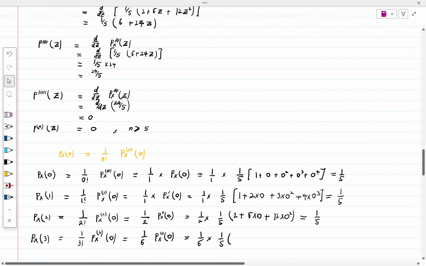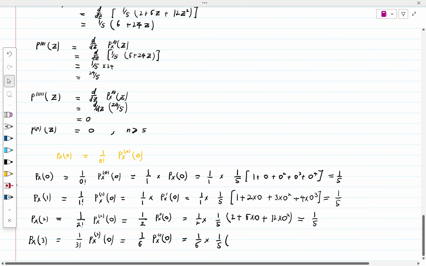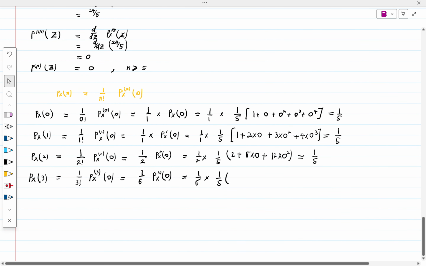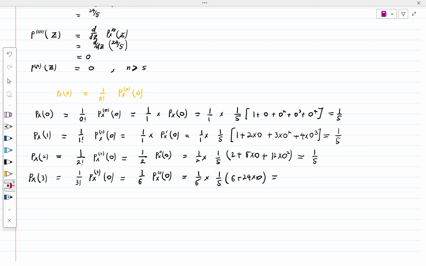Again, we want to come up with our expression. Where was it? Here. Here is the triple derivative up the top here: 6 plus 24z. So it becomes 6 plus 24 times 0, and 24 times 0 is just 0. We're left with 6. It cancels with the 1 on 6 at the front, which leaves us with 1 on 5 as well.